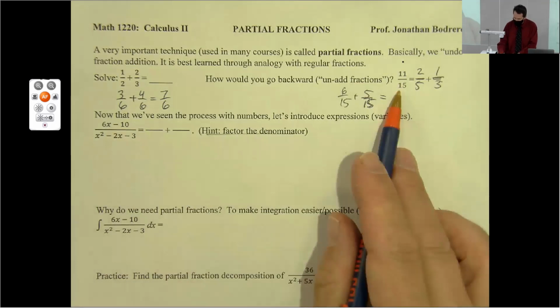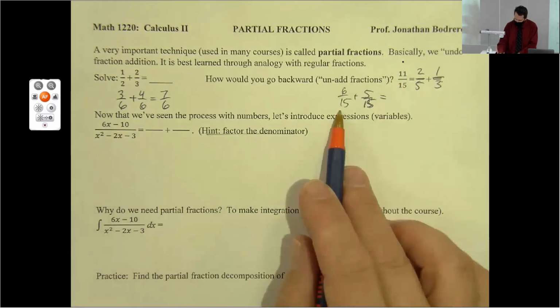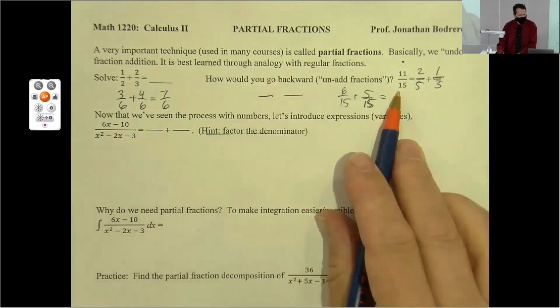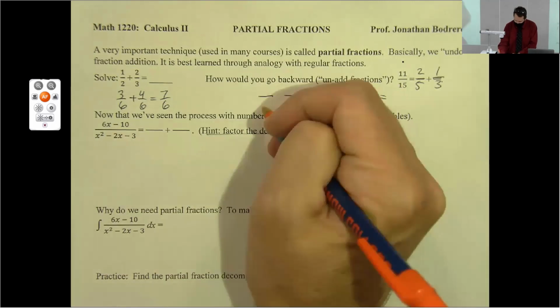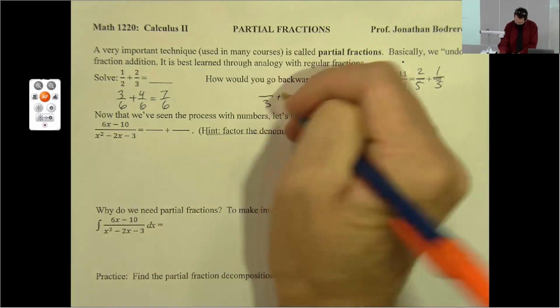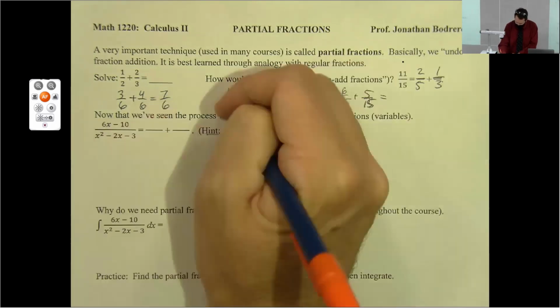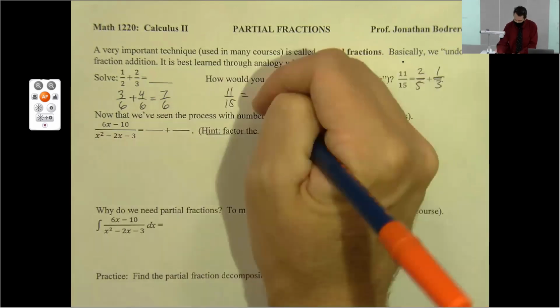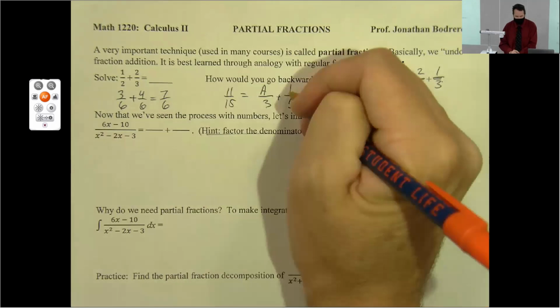Okay, so if we hadn't noticed 6/15 and 5/15, we could have said back here, well, what things would make the common denominator 15? Well, that's 3 and 5, right? Okay, so we need some thirds and some fifths. So let's see if we can do this. So we've got 11/15, and we need to find out we'd have, I don't know, A thirds plus B fifths.